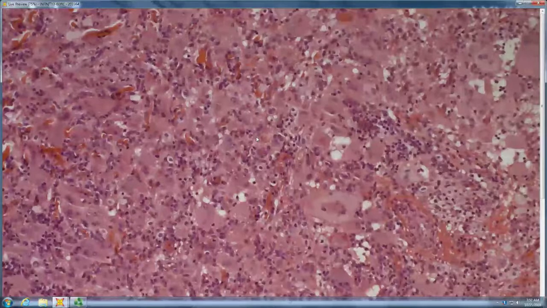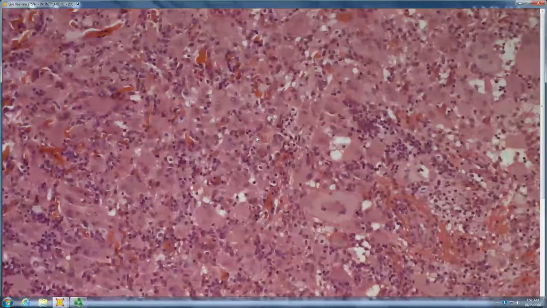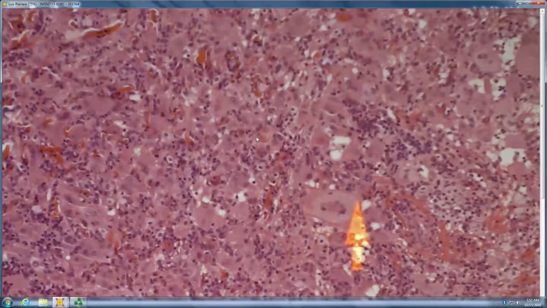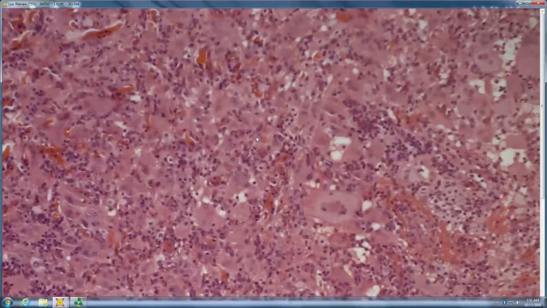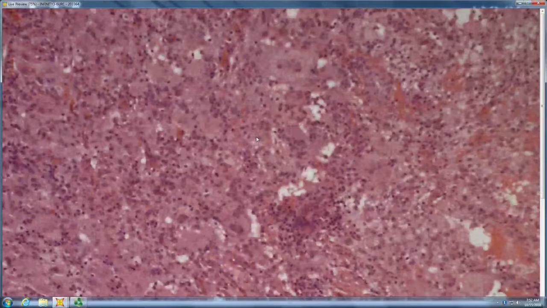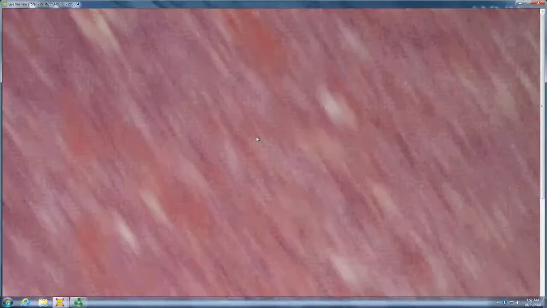Okay. The cells are pretty pink. It looks granular. You have this little wreath of nuclei, and then it's lipidized to the periphery of that wreath. And there's another one like that, and another one, and another one.